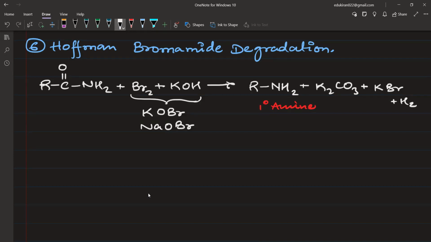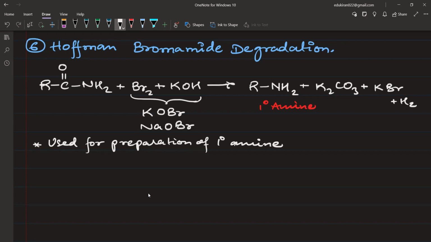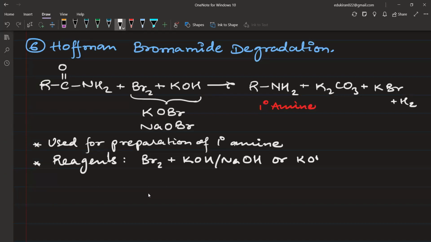Please write: used for preparation of 1 degree amine. What are the reagents? KOH or NaOH, or you will find KOBr or NaOBr.